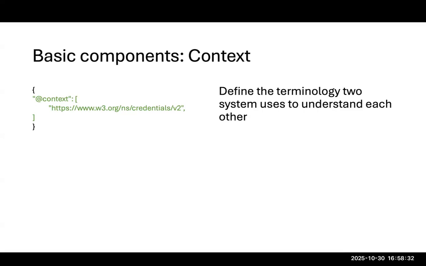And essentially we are telling the holder or the verifier which terminology we are using to understand each other. That is the typical reason behind setting the context between two peers that are interacting.